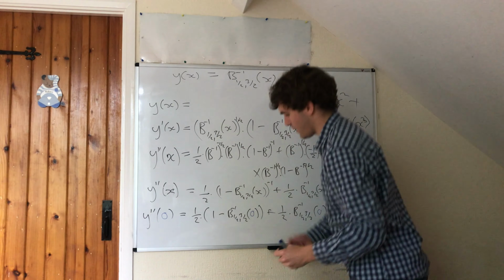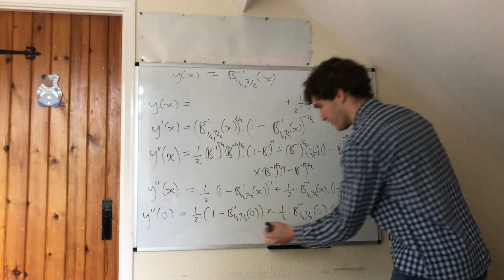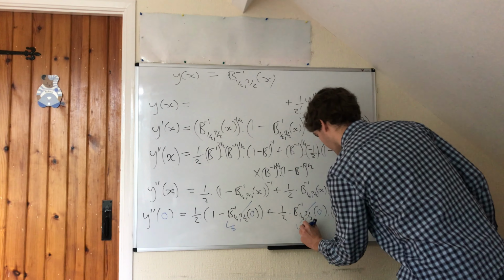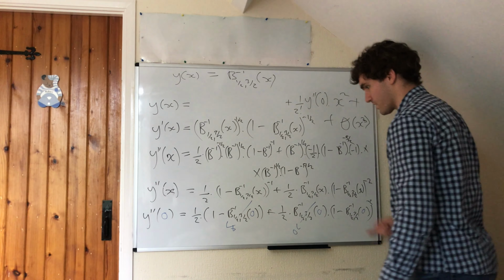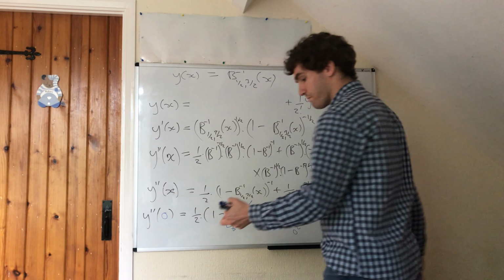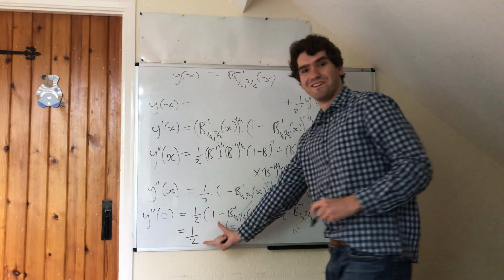And indeed, all of these inverse incomplete beta functions of 0 are 0, so that bit goes away, that bit goes away. Now the fact that that bit's 0 means this whole term goes away, so we don't even have to worry about the second one. And actually what we're left with is just a half.